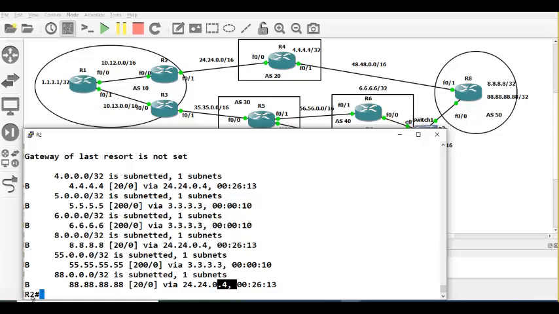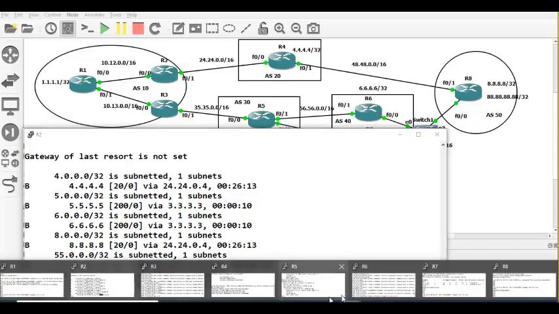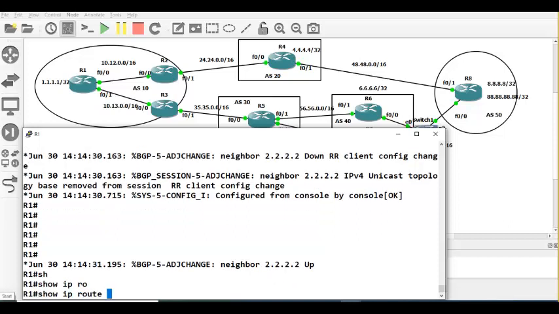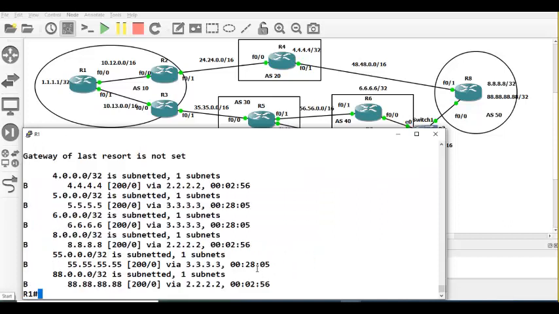Because you set high weightage in R1, the routing table is going to be different. You yourself said that. There will be a change in the routing table of R1, meaning there won't be any 22222. You will have only 33333 for every network.